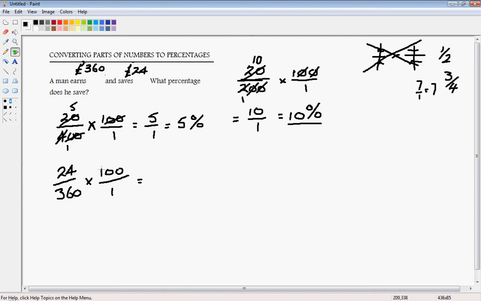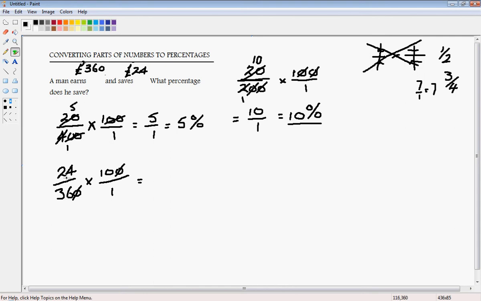Now this is a good example. If I was to multiply here across, I'd end up with 2,400 being divided by 360. Now I don't know about you, but I don't know my 360 times table, so it's a lot easier to cancel here. Okay. Now I have a 0 here, and I can lose a 0 here. Okay, what I've done is I've divided by 10 and I've divided by 10, and I've cancelled diagonally.